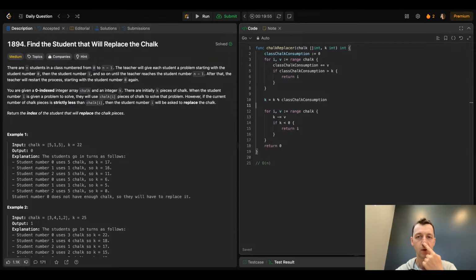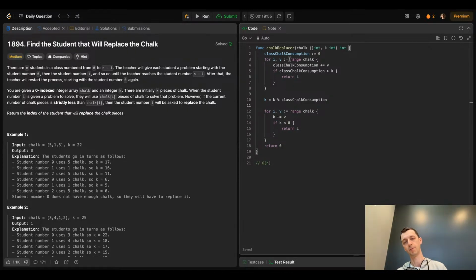No, you still need to go over the data, at least the chalk array, at least once. And we do it here once, and then we do it here one more time.